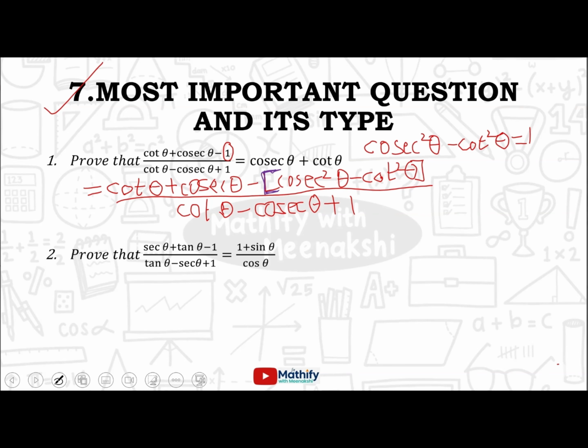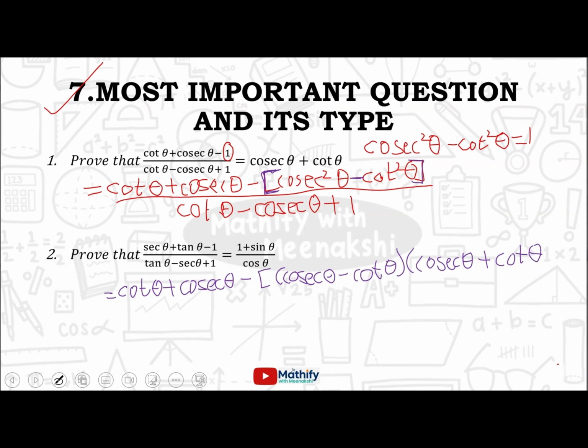We know a square minus b square is a minus b into a plus b. So I will use that: cot theta plus cosec theta minus, just write this, cosec theta minus cot theta into cosec theta plus cot theta. Denominator is again same: cot theta minus cosec theta plus 1.